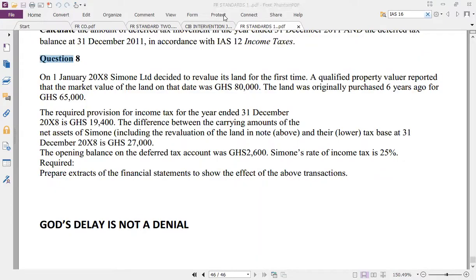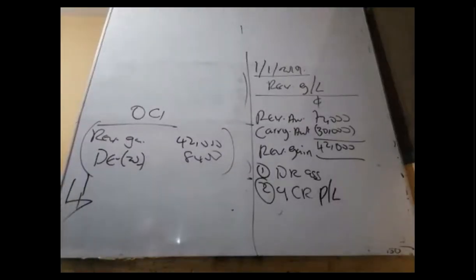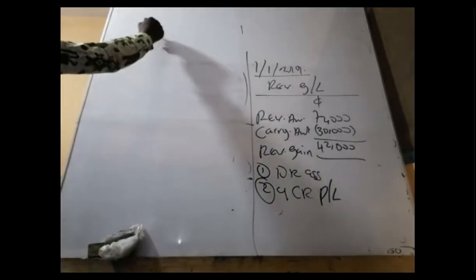The name is Simon Limited. So Simon Limited extract. When I ask for extracts, what goes to P&L and what goes to the balance sheet. So the name of the company, sorry.